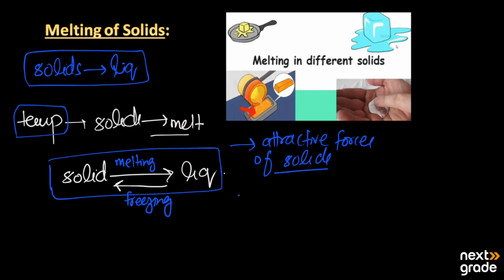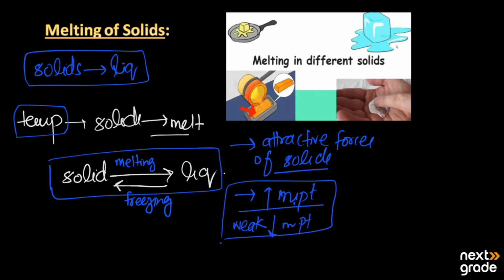If the solids have strong electrostatic forces, or strong intermolecular forces, then their melting points will be high. But on the other hand, if they have weak forces, then their melting points will be low. So it depends upon the attractive forces of the different solids.